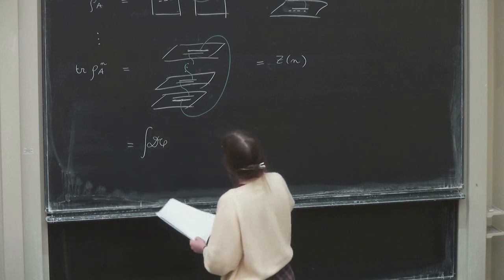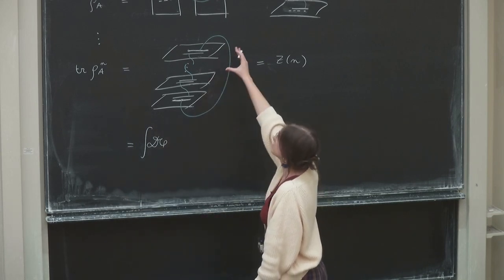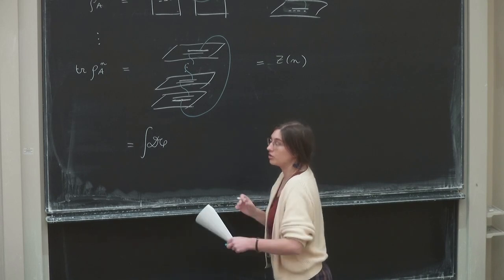In formula form, we have basically the path integral over this complicated geometric structure.